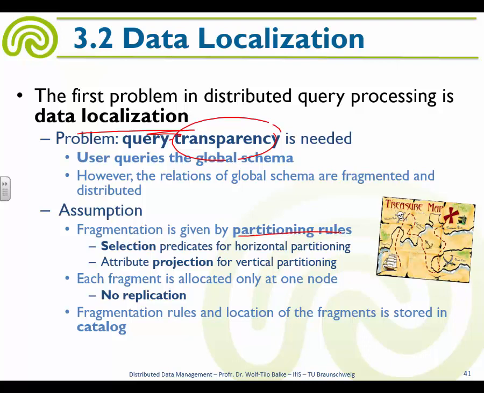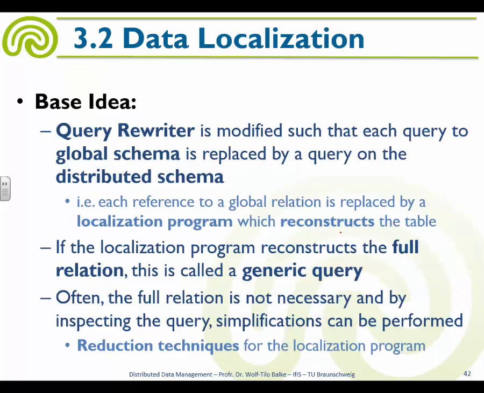Let's assume that we have only each fragment once, so there's no replication, and that the fragmentation rules and the location of the fragments are then stored in a catalog, right?